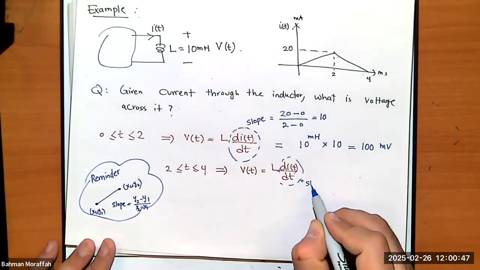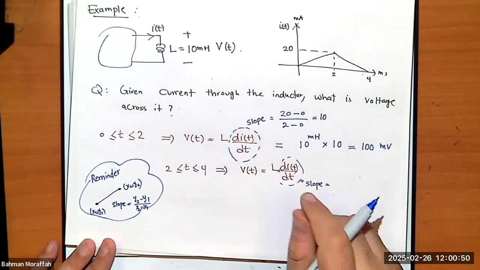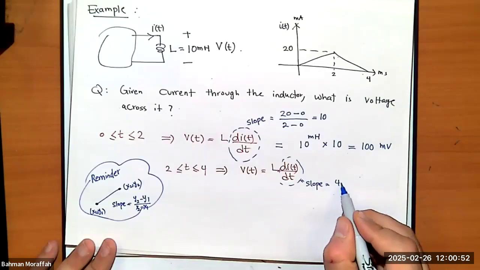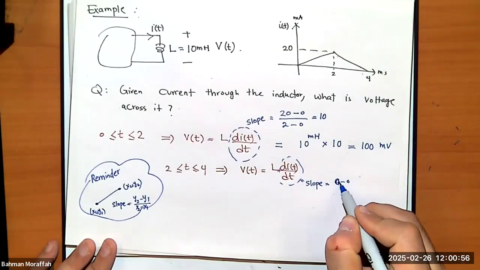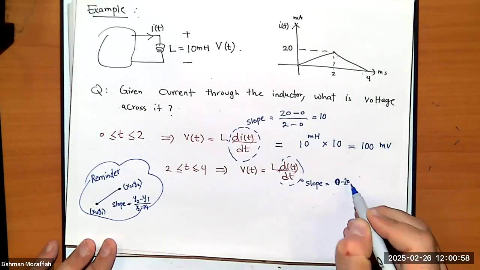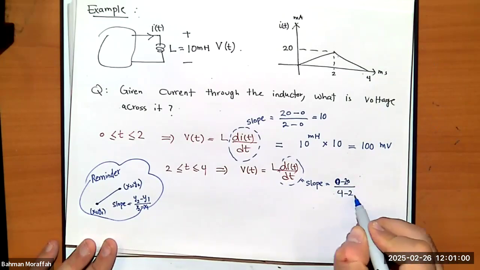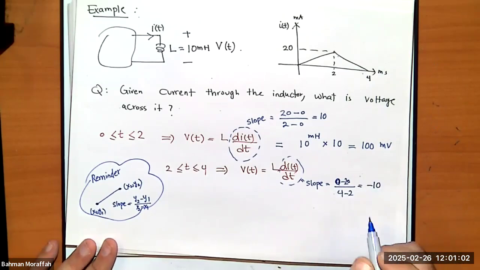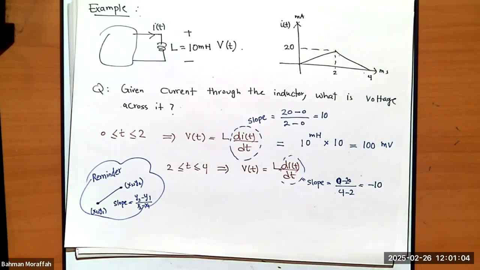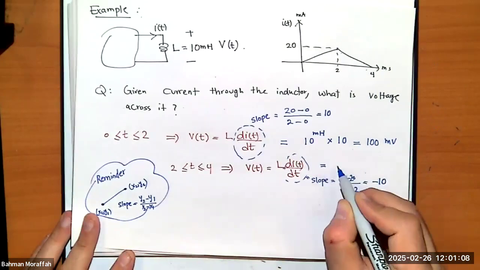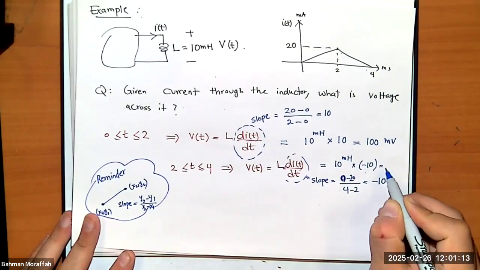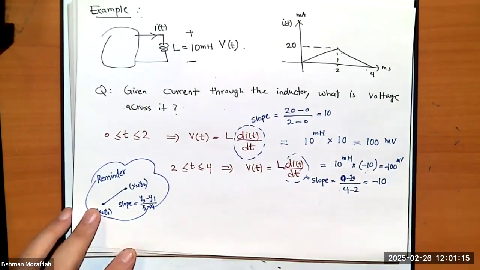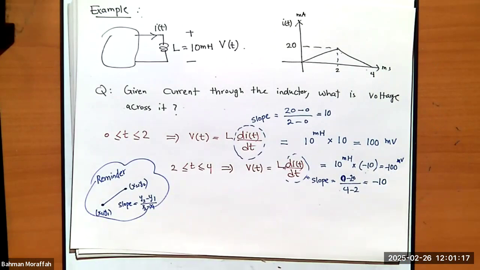In this case, the slope is 0 minus 20 divided by 4 minus 2, which is negative 10, as we expected, because it's going down. Therefore, v of t is 10 millihenry times negative 10, which is negative 100 millivolts.